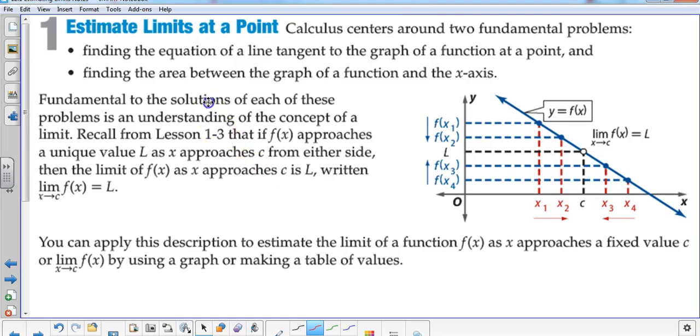The fundamental idea to these solutions, though, is that a graph can have a limit at a point even if it's undefined there.